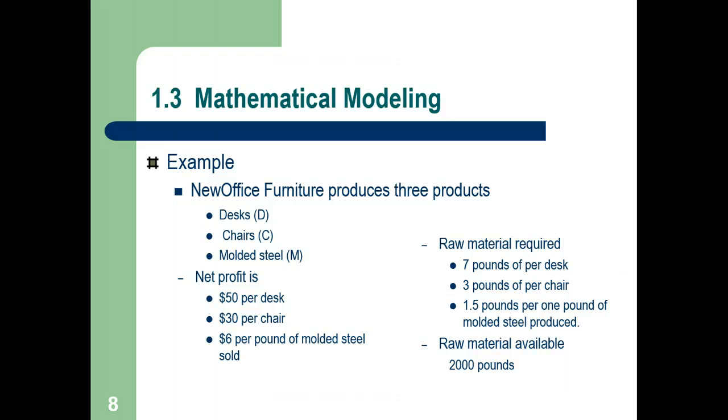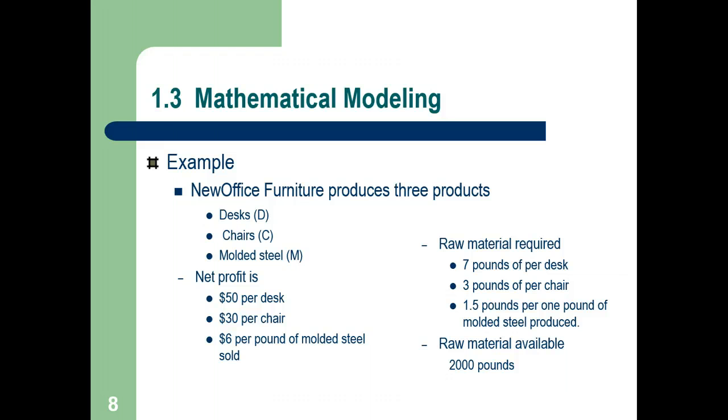What we're trying to do, we know we make $50 on every desk we sell, $30 on every chair we sell, and $6 on every pound of molded steel we sell or produce. We're assuming we sell everything we produce here. We're assuming it's a great market for these products.